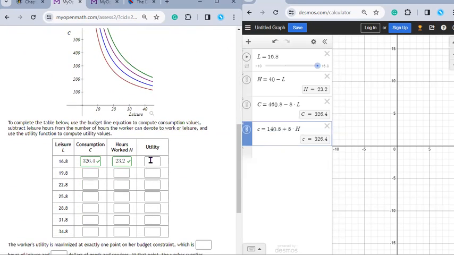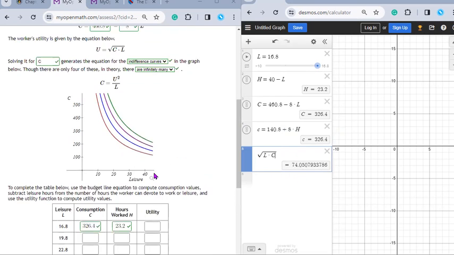Okay, and then I need my utilities. So what I'm going to do here is take the square root, SQRT, and then type L times C, right? Because I get utility from leisure and I get utility from consumer goods.